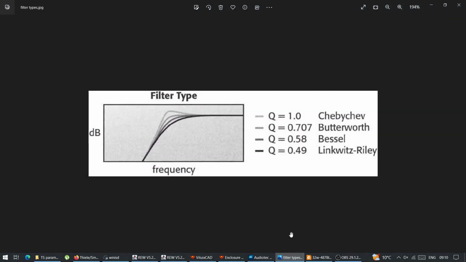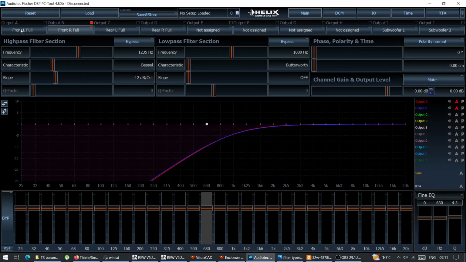And last one, Butterworth, 0.7. So let's do 0.7. And on this one, Butterworth. Let's just play with the frequency. And you can see they match perfectly.